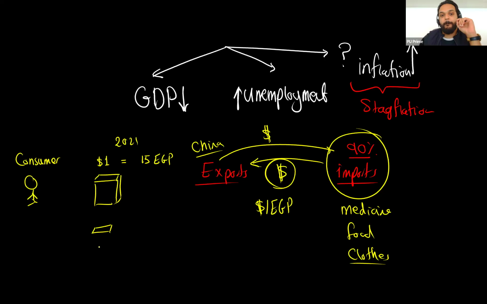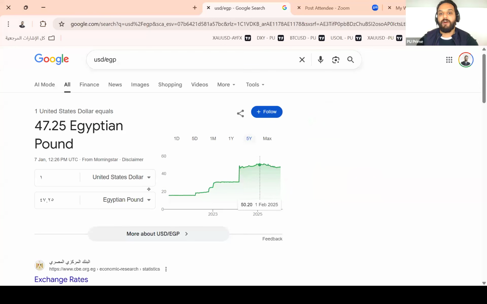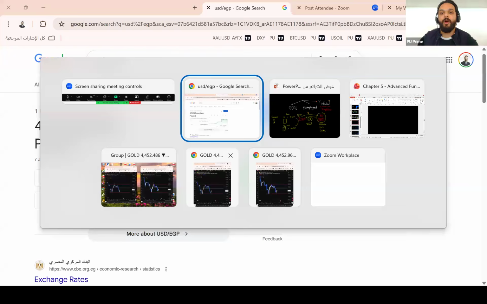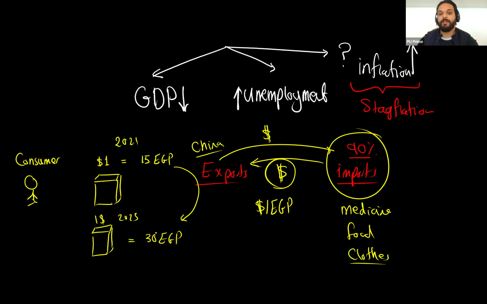Now, the same box in 2023, for the $1 that we have imported from China, is going to be sold in the Egyptian market at how much? At 30 Egyptian pounds. The prices have doubled, 100%. Now, if you jump further to 2025, see, it becomes 50. So this box is going to be 50.